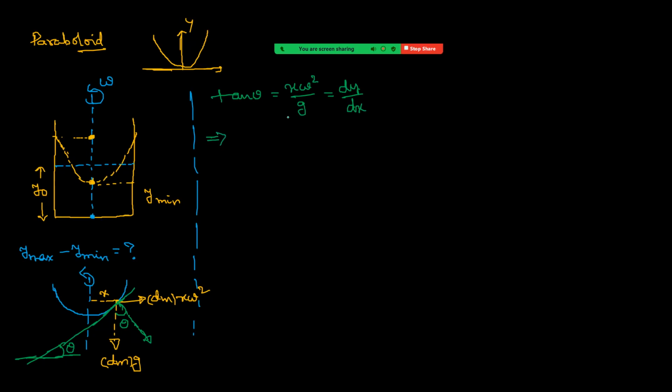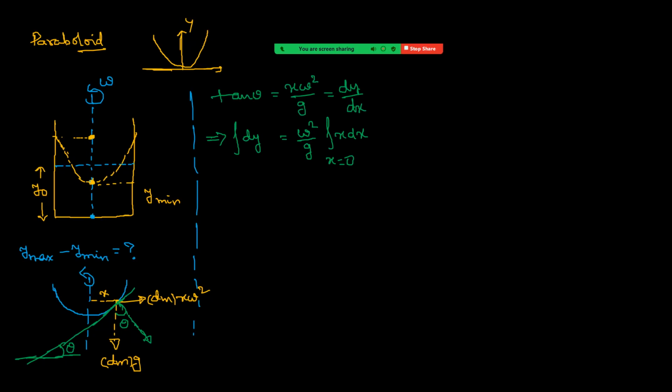Now simplify this. Integration of dy is equal to omega square by g outside, integration of x dx. Now see the limits. When x equal to 0, what is the y coordinate for this lowest point?